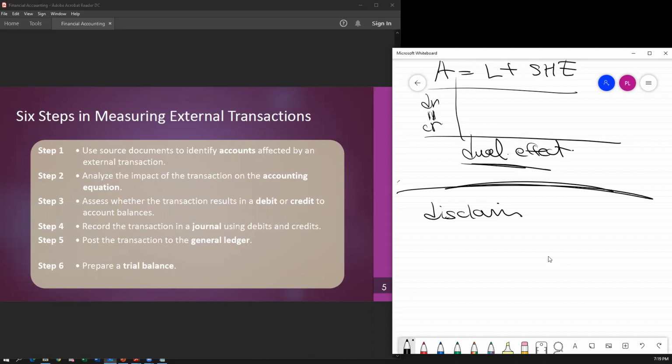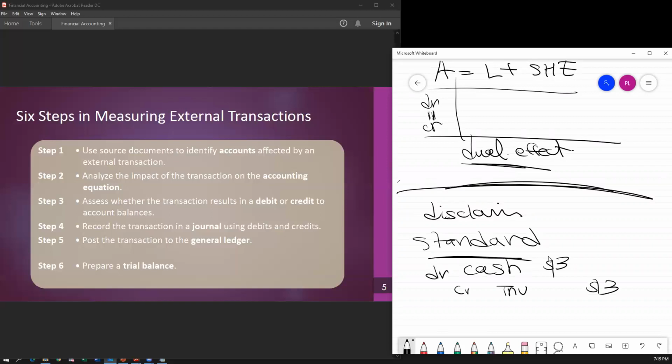There are going to be standards that you follow in order to record journal entries. So again, let's say cash $3, inventory $3, debits and credits.